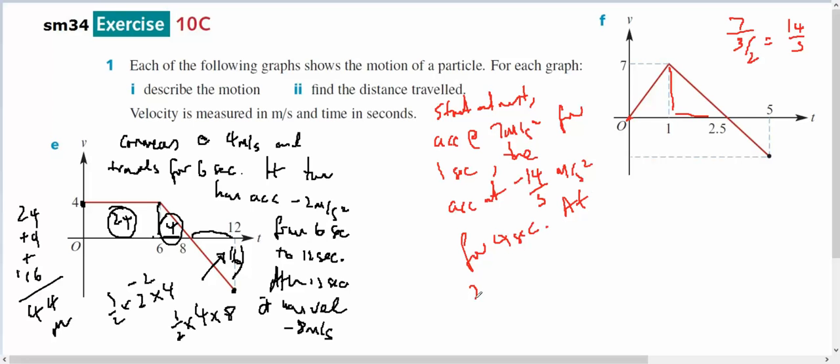At 2.5 seconds it is at rest, then moves backwards.